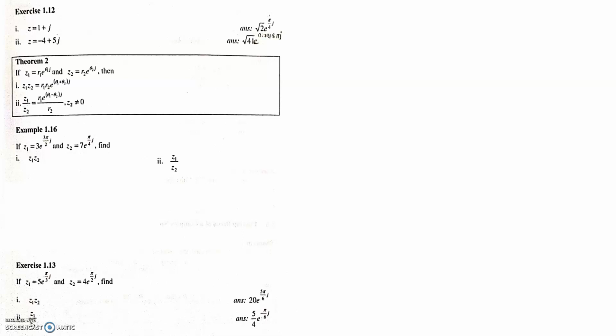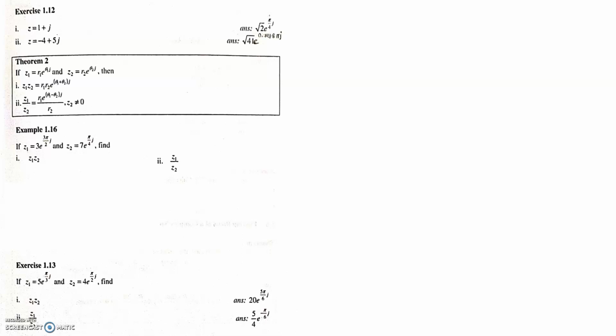They're saying that if we have two complex numbers in exponential form and want to multiply the two, you just multiply the modulus and sum the theta, just like polar form. And if you want to divide, you divide the r and subtract the theta. That is the idea there.